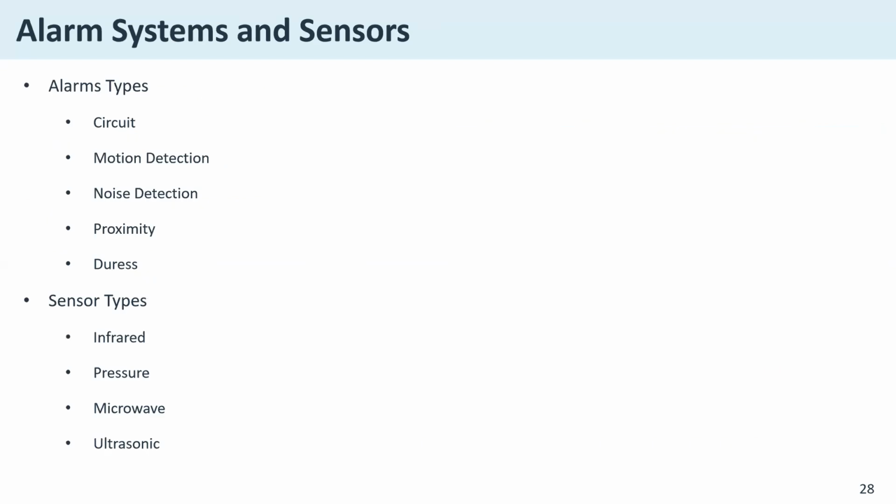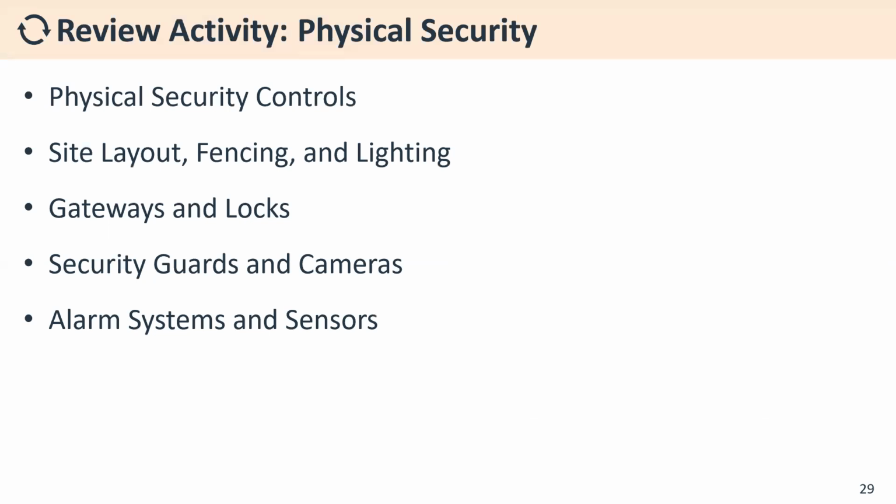So there are different types of alarm types. For your exams, you want to be able to differentiate them. Then you have different sensor types. So in this module, we've looked at access controls, lighting, gateways, security guards and cameras, alarm systems and sensors.